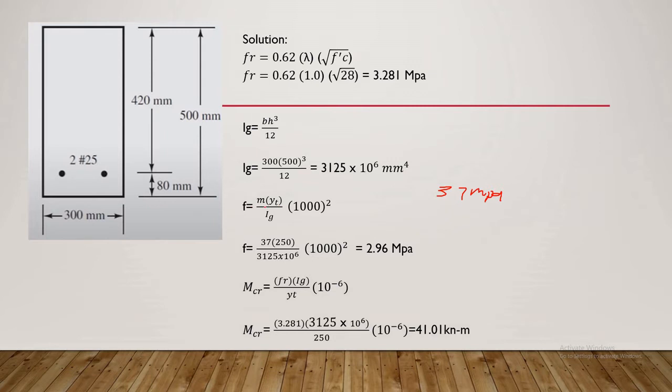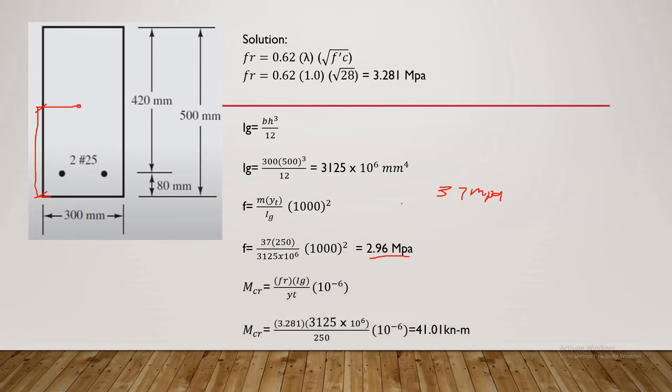So meron din tayong YT, which is yung from centroidal to extreme fiber na 250, and yung ating inertia na 3,125 times 10 raised to 6, times 1000 raised to 2. So substituting the values, makukuha natin yung ating bending stress na 2.96 megapascal.